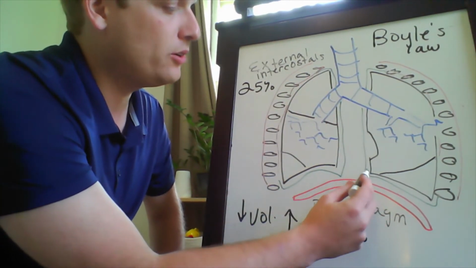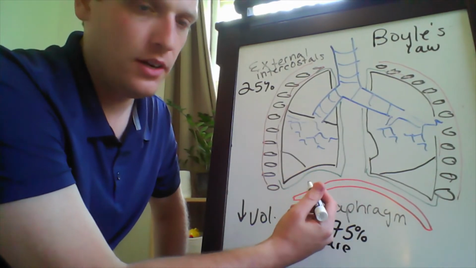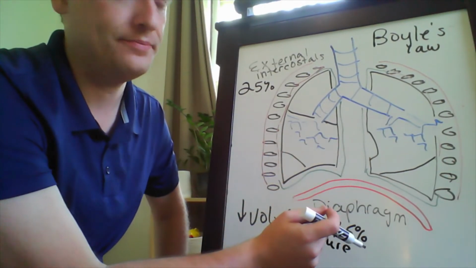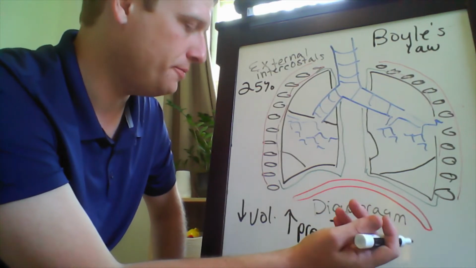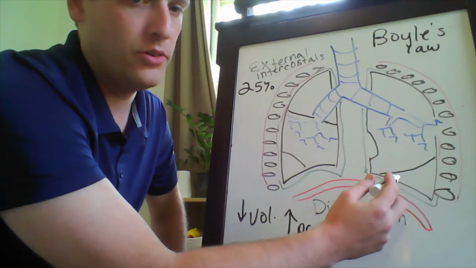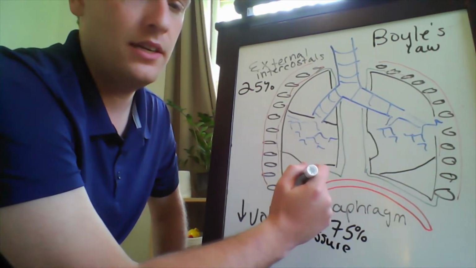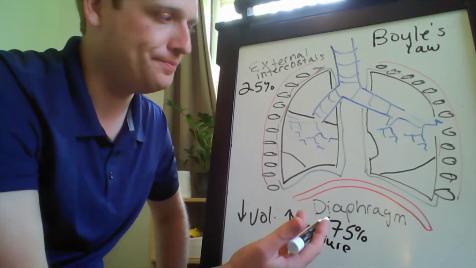The parietal layer, or the outer layer, is going to stick to the wall of the thoracic cavity. It's going to be attached through fibrous connective tissue. And the visceral layer is going to be attached to the lung itself. And in between, you have that pleural fluid or serous fluid.